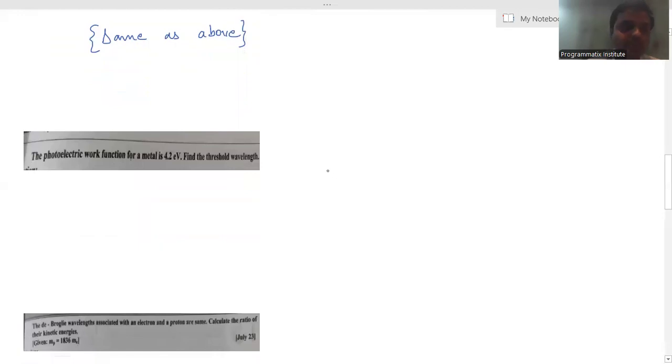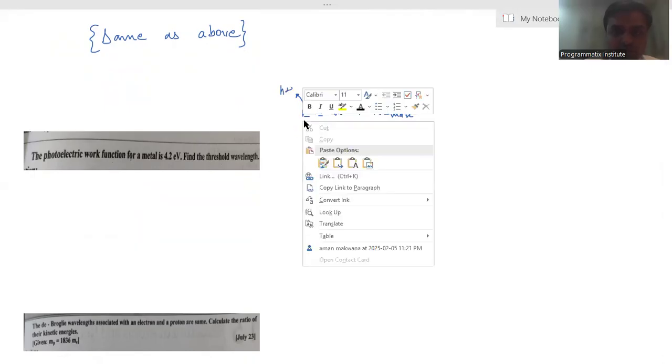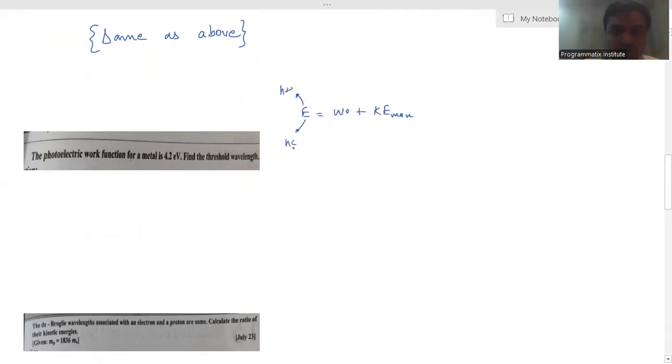As you know, I have given only one general formula, Einstein's photoelectric equation. That is, energy is work function plus KE maximum. This is your golden formula. Write energy as h nu or as hc by lambda.